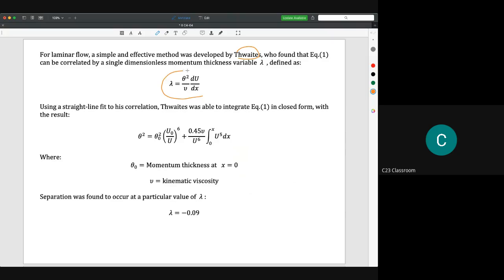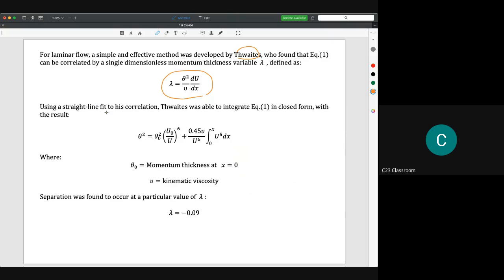From equation 1, he plotted a graph, did the curve fitting and so on, and found that lambda gives a certain value.